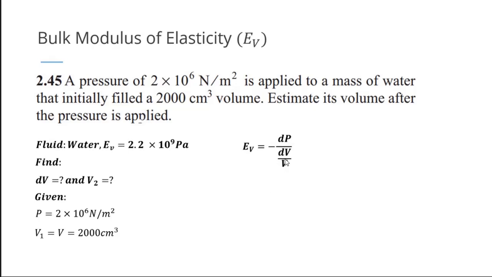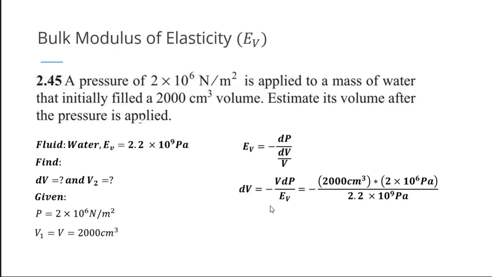Okay, so we have this formula relating the bulk modulus of elasticity with pressure and volume. Okay, so we need to find the differential volume. So let's isolate that. We get negative VdP over EV. So substituting all values, we get negative of 2000 cubic centimeter multiplied by 2 times 10 raised to 6 Pascal divided by 2.2 gigapascal.